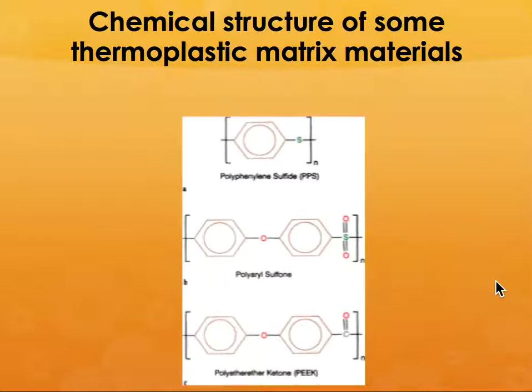The next one is called polysulfone, which is PS, and the other one it says here is polyethylene ketone, but it is actually called polyaryl ether ketone or PEEK. These are three of the most common high temperature polymer composite matrix materials.